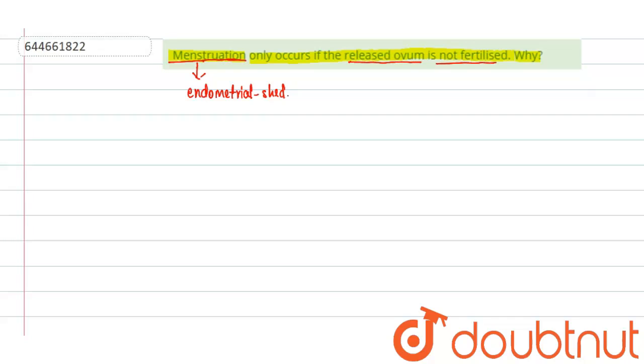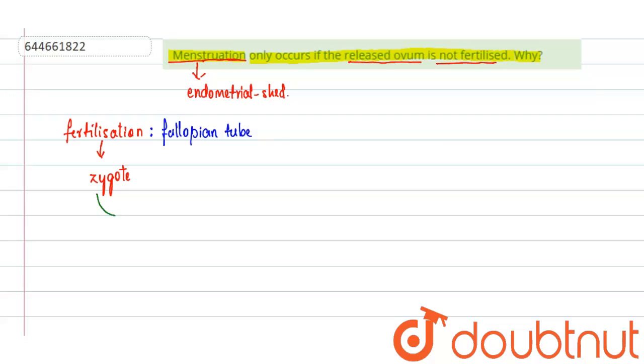So what would happen if fertilization has taken place? If fertilization, that is the fusion of the male and the female gamete, sperm and ovum, has taken place, it would result in the formation of a zygote. This fertilization takes place in the fallopian tube. After the fertilization, the zygote will travel till the endometrium.